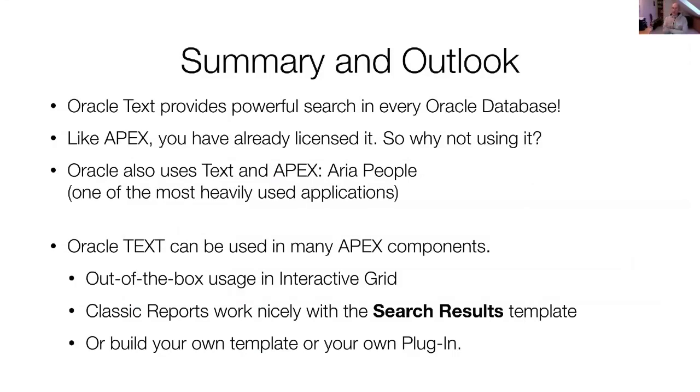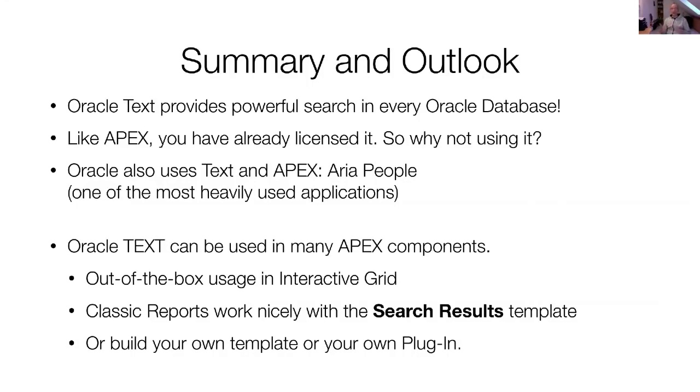So what we have seen is that we have these powerful search capabilities in the Oracle database, right? It's already licensed. Oracle itself uses it. So the screenshots from the ARIA People application, our employee directory, that's one of the most heavily used applications within Oracle.